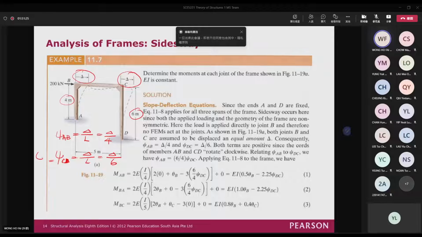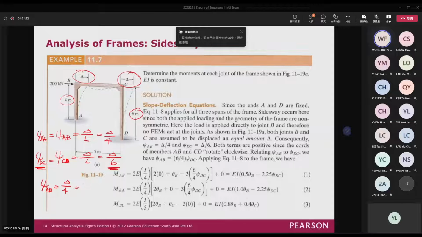Find CD is equal to find CD, find BA is equal to find AB. Now I just want all the things in terms of phi DC. So you can see that phi AB is actually equal to delta divided by 4, while phi DC is equal to delta divided by 6.